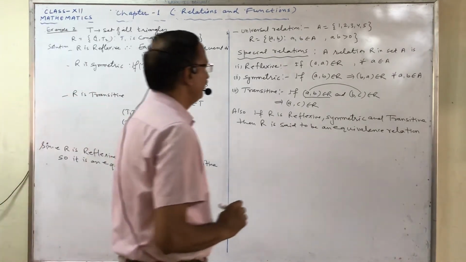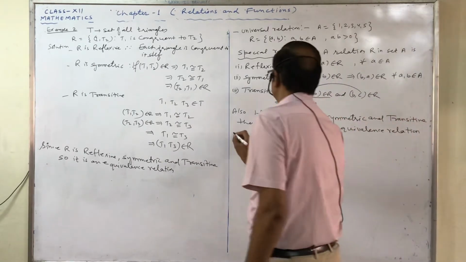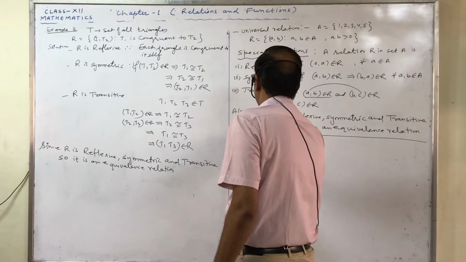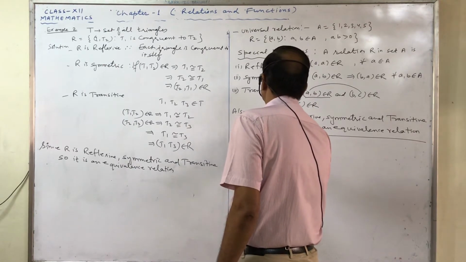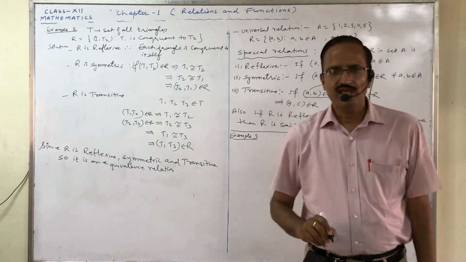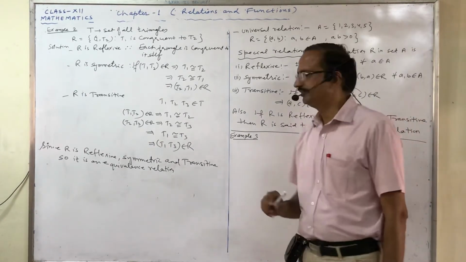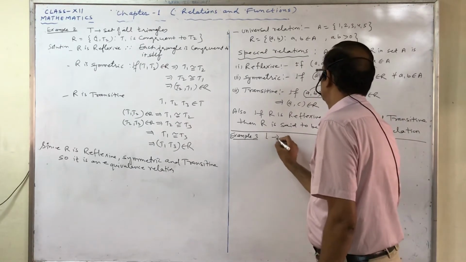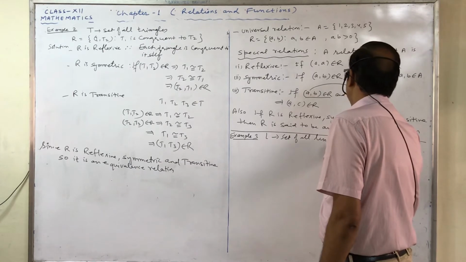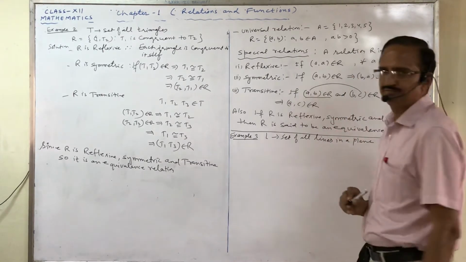Now come to example number 3. The same way, here I am writing example number 3. In example number 3, L is a set of all lines in a plane. What is L? Set of all lines in a plane.